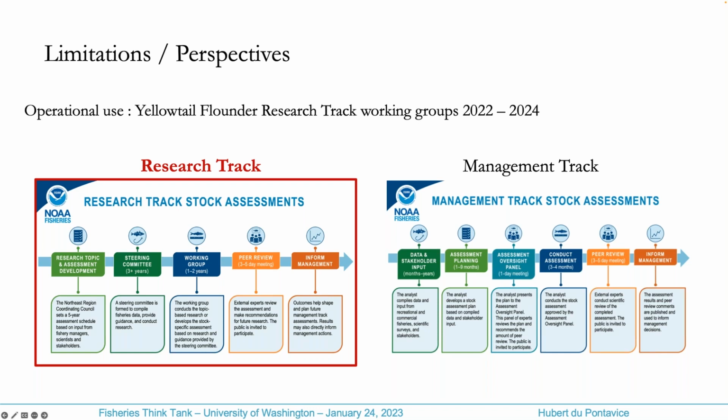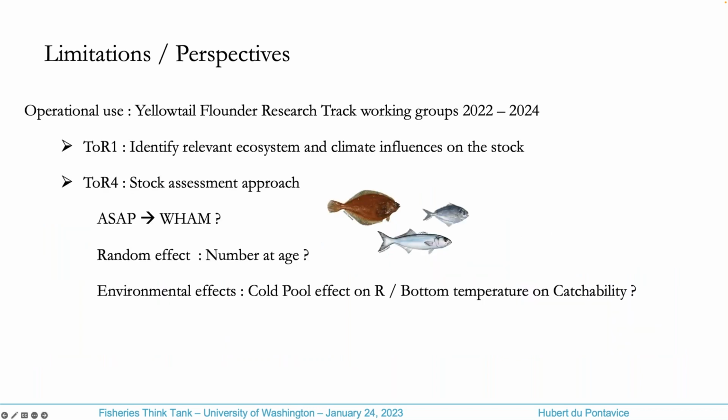So for the yellowtail flounder stock on the Northeast Shelf, the research track working group just started working 2 months ago, and this work will last until 2024. For this research track, we have several terms of reference to review, in which we will consider several aspects of the work I presented today.